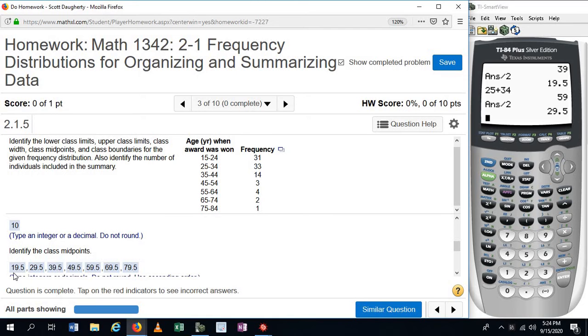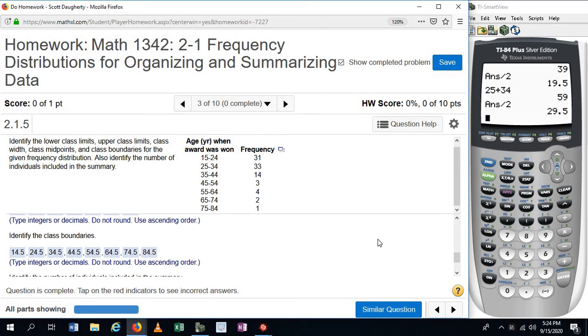So for example, we know the first class midpoint is 19.5, and so if we just continue to add 10 to that number, we'll continue to get the class midpoints of the other classes. So you can see the next one is 29.5 as we found here, but then the next one after that is 39.5, which is 10 more than the previous one. And so if you just continue to add 10 to this, you'll get all the class midpoints for each of the classes.